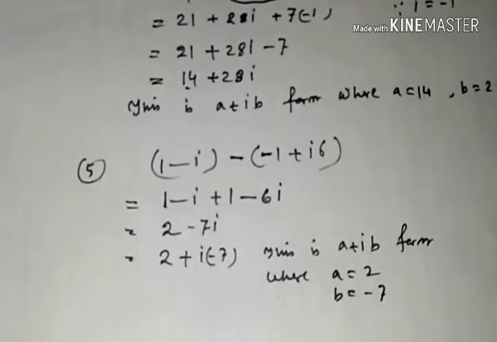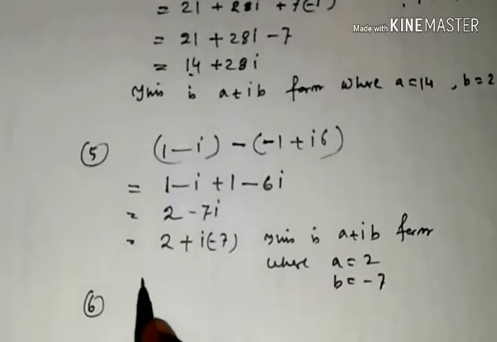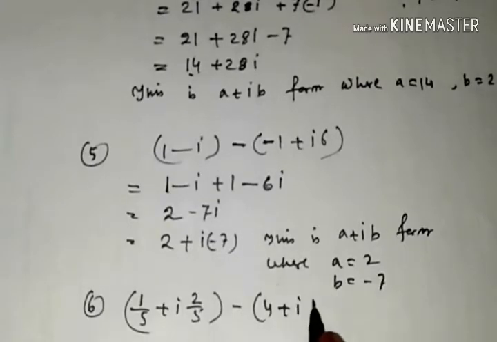Another problem, this is problem 6: 1 by 5 plus i 2 by 5, minus 4 plus i 5 by 2.